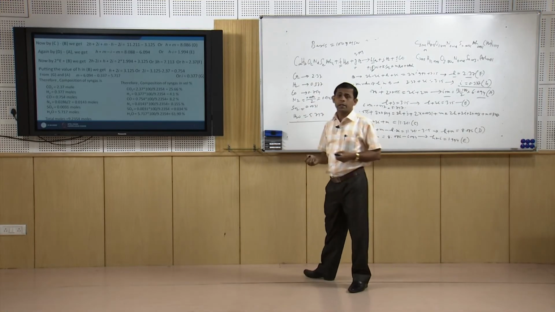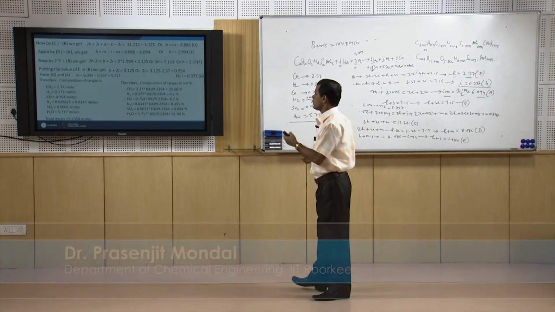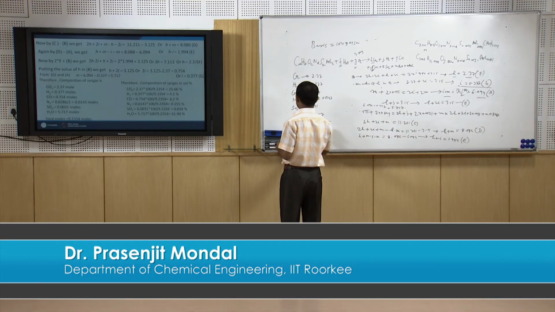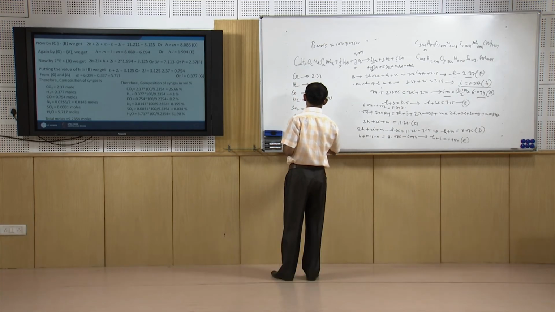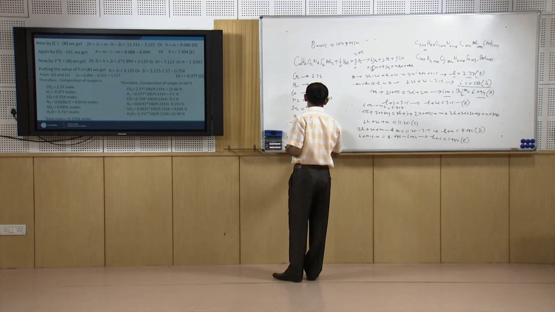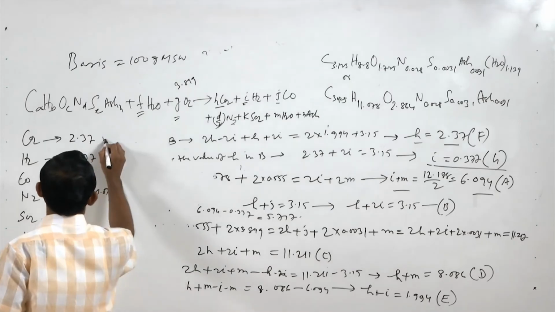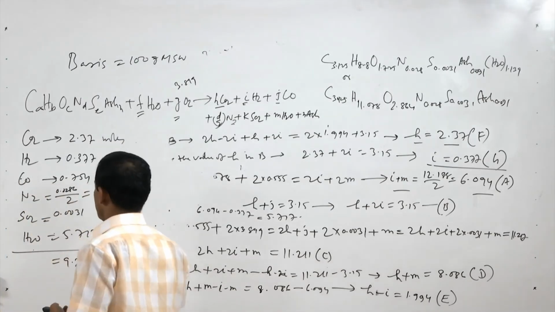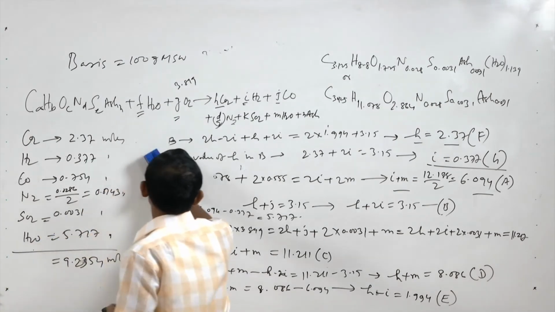So if we get the total moles, total moles is coming 9.2354 moles. These are the moles. Then we can get the percentage.